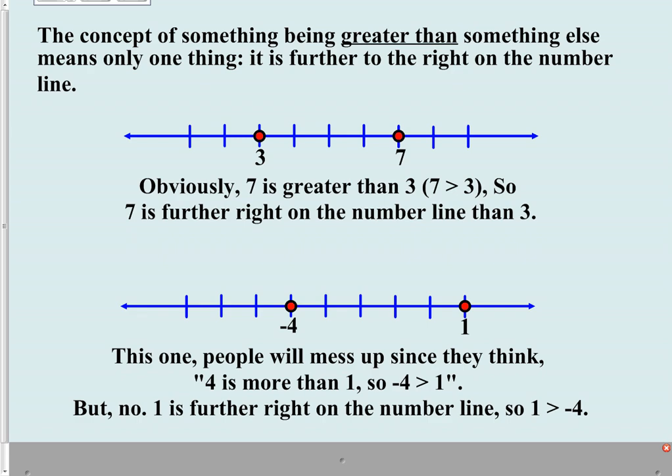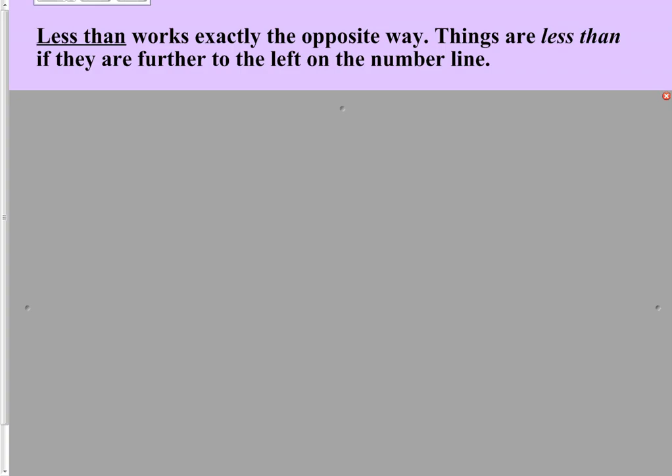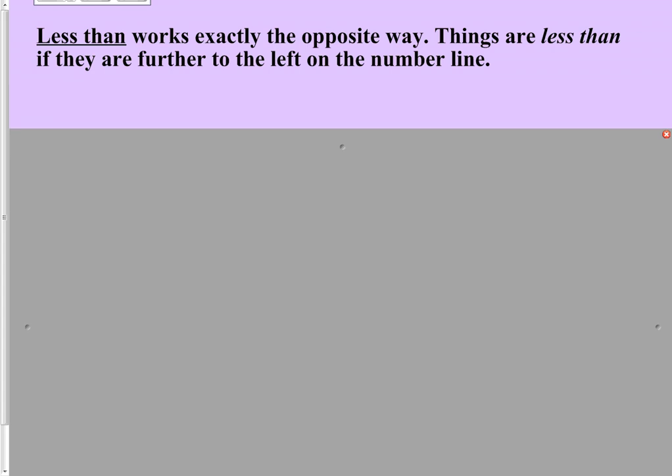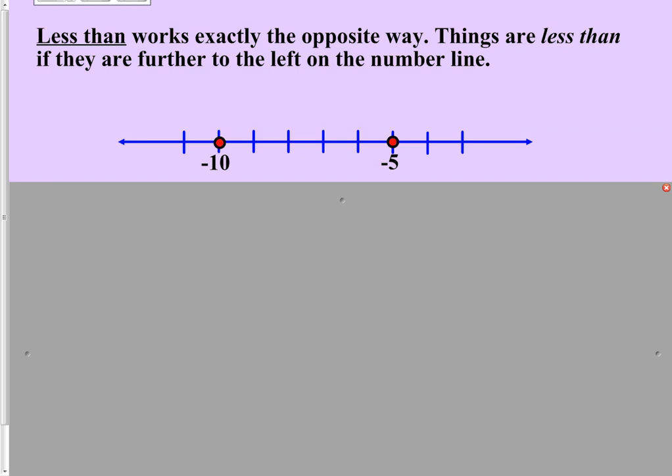Now, the topic of less than works the same concept, but in exactly the opposite direction. Things are less than something else if they are further to the left on the number line, or further towards the negative values. Here's a couple of values on a number line.